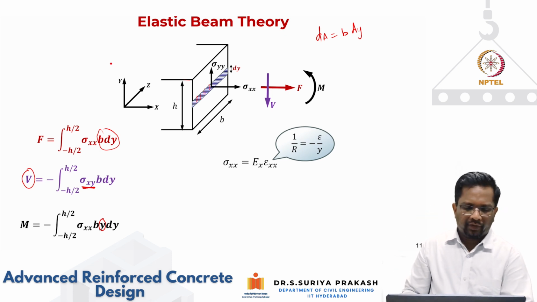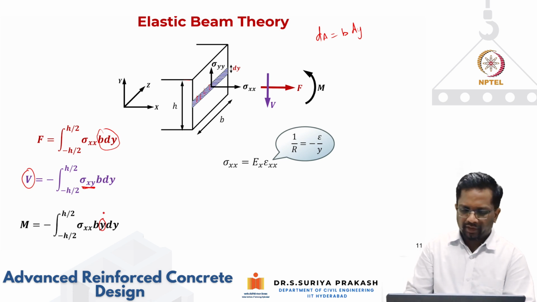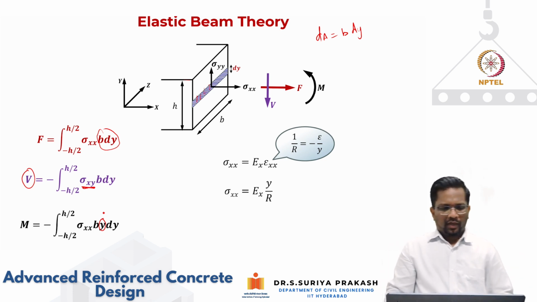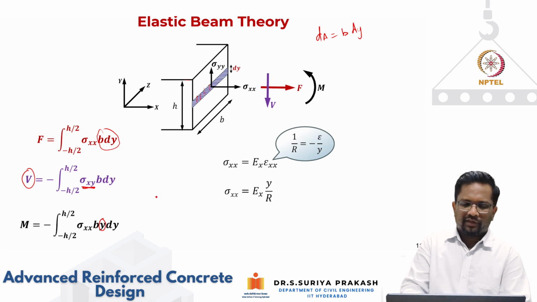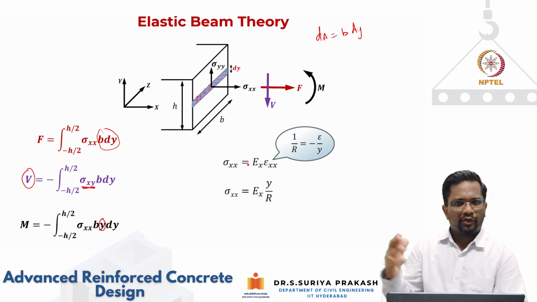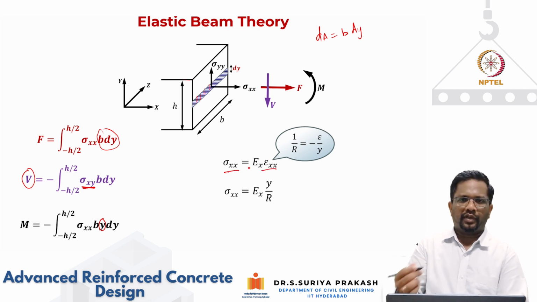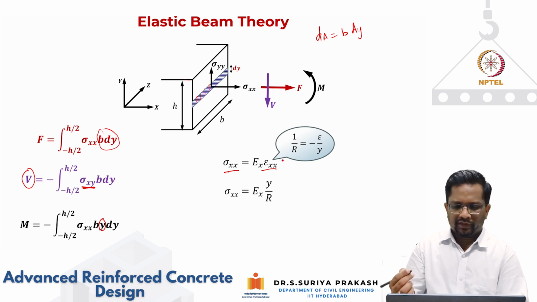Now we can also do a little bit of simplification. When you integrate this, we know that b dy is nothing but your elemental area. Now, if the material is going to remain elastic, then stress and strain can be expressed through linear elastic behavior: stress is nothing but elastic modulus multiplied by strain.